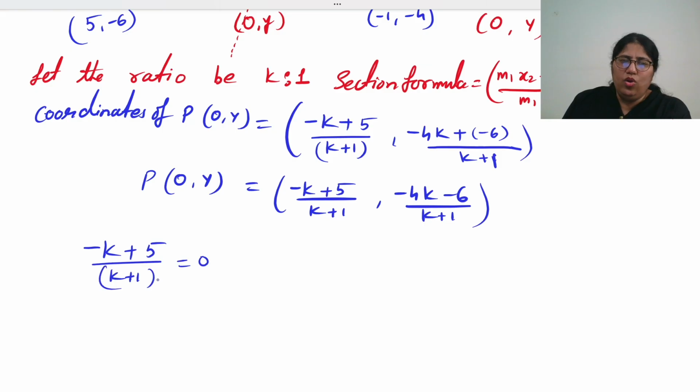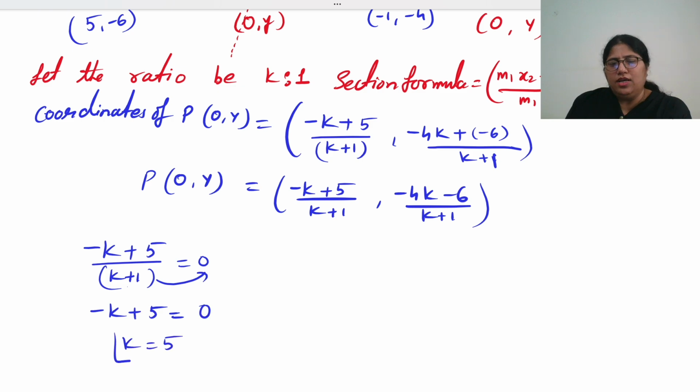Now this whole will go transpose to the right hand side and become a multiplier. So minus k plus 5, 0 times anything is 0. That means k is 5. You got here k is 5. Now after that, compare the second one, the y coordinate, to get the value of y. Y equals minus 4k minus 6 by k plus 1.